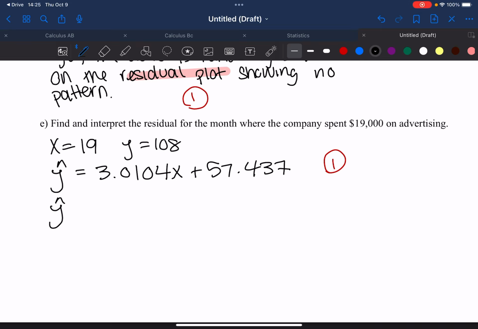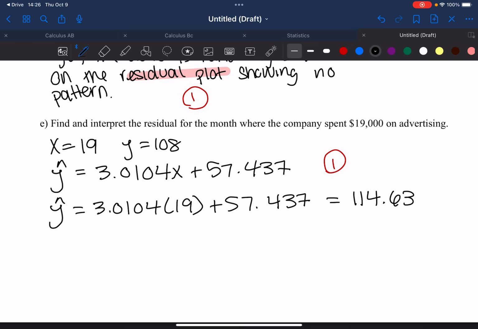So y-hat is equal to 3.0104 times 19 plus 57.437. This would give us 114.63. Okay. Sorry, let me rephrase this. This was the first point.